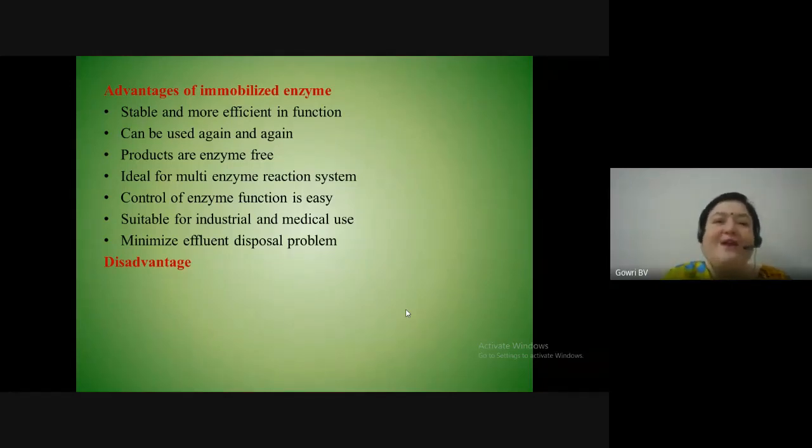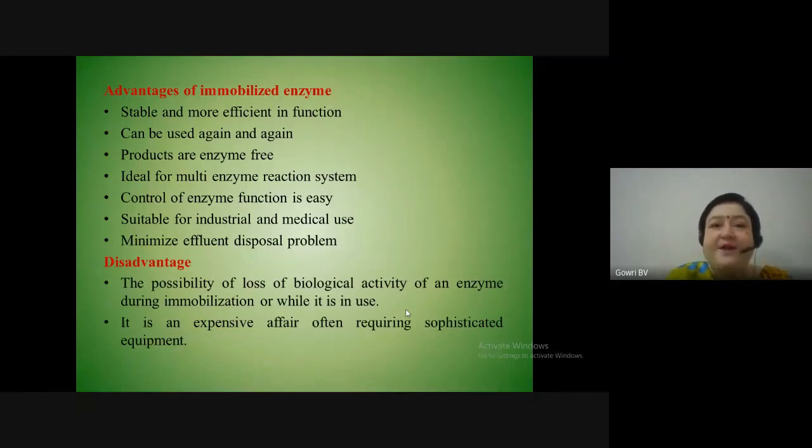So when you have an advantage for a procedure, you will equally have a disadvantage as well. Comparatively, advantages are more than disadvantages when you immobilize a cell or enzyme. Two disadvantages we find when we immobilize: the possibility of loss of biological activity of an enzyme during immobilization or while it is in use, and of course, it requires sophisticated equipment to bring about the process of immobilization.